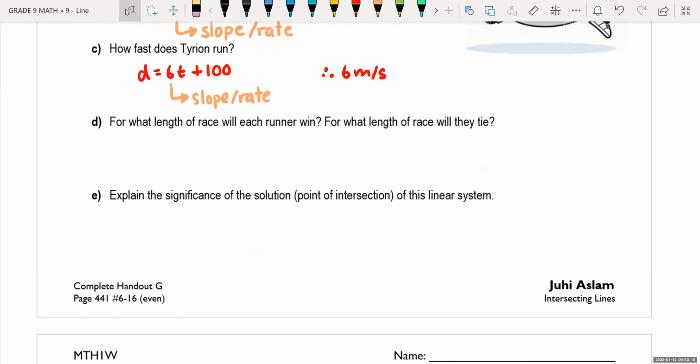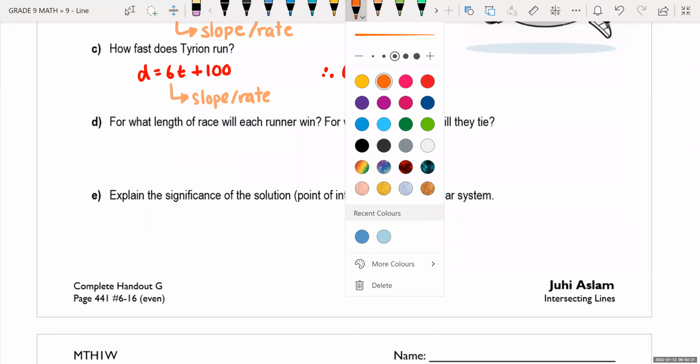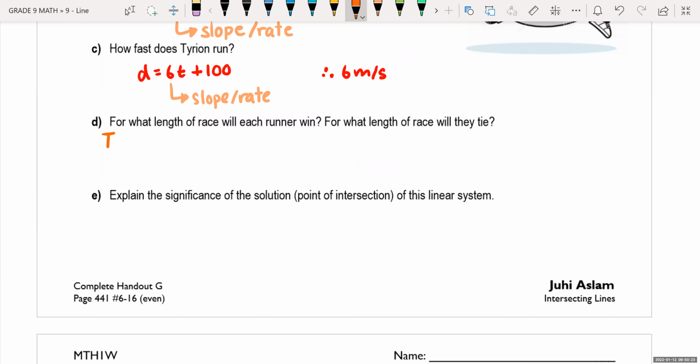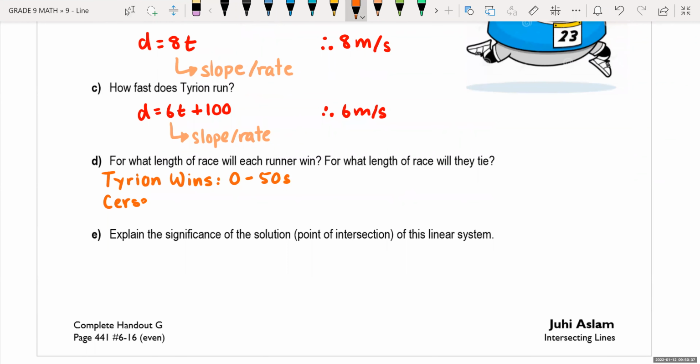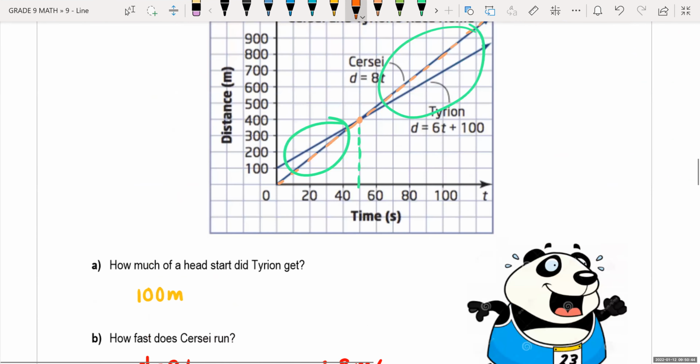So I guess I'll write it as follows. From 0 to 50 seconds. And Cersei, how do you spell Cersei? Cersei is going to win from 50 seconds to like forever.